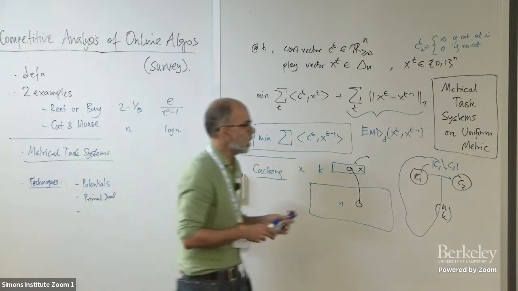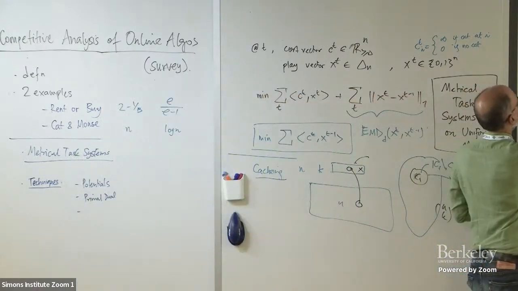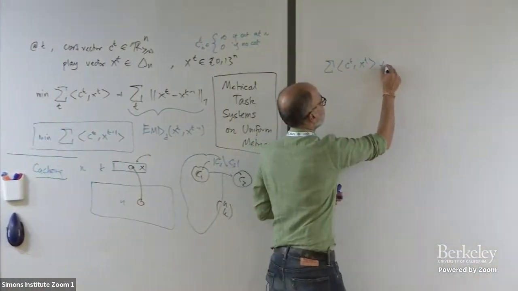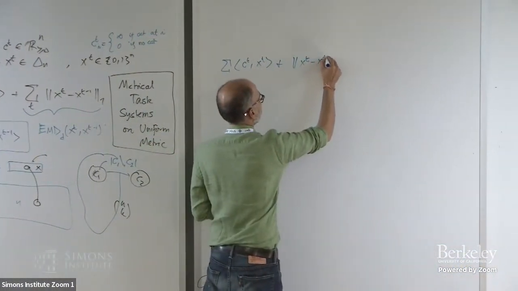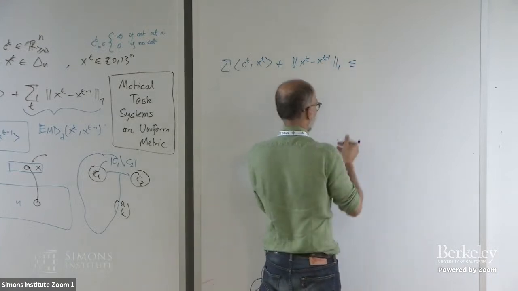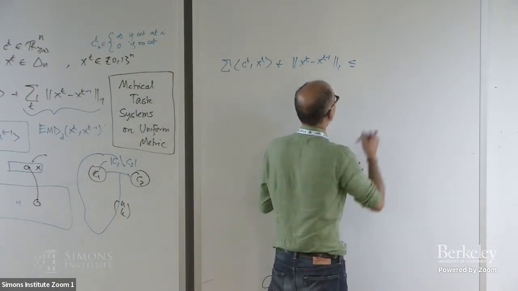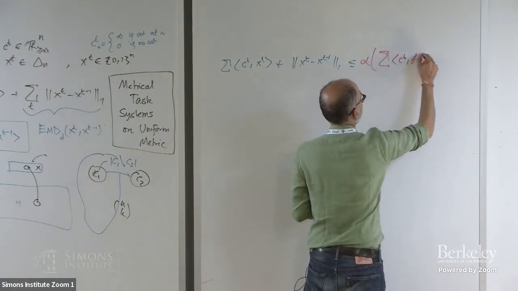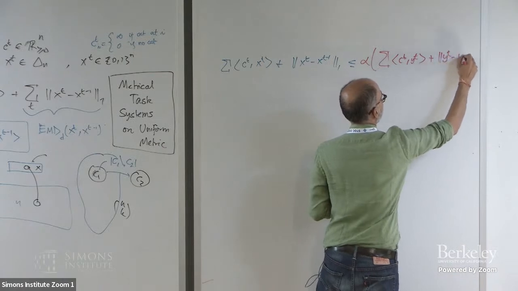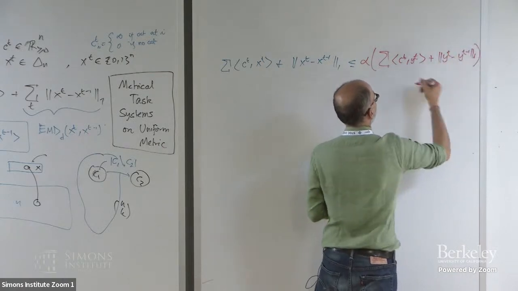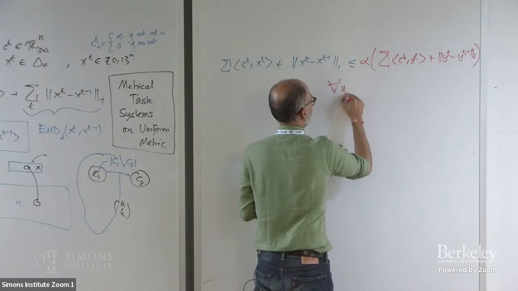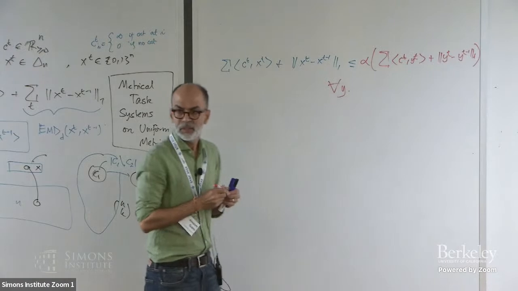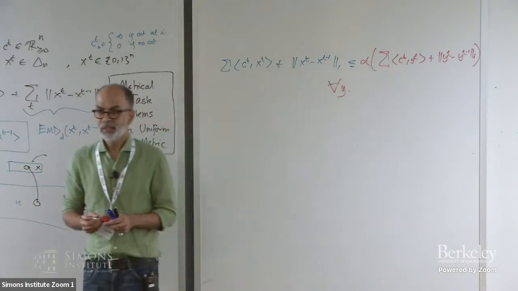So I'm always trying to say arguments of this form, that my algorithm should have cost CT plus xt minus 1 at most, let's say, alpha times CT plus yt minus 1 for all possible solutions y.